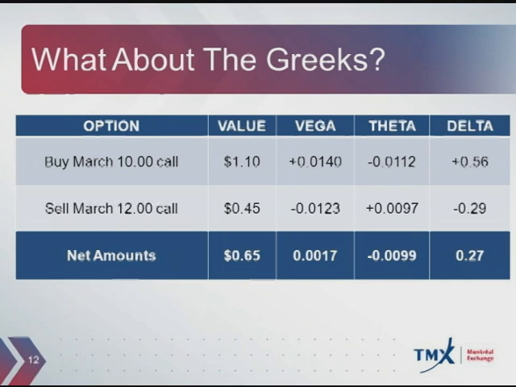But for the short call, if the stock goes up $1, that short call is going to go up 29 cents. Well, you're short that call option, so that becomes a negative impact on the position. So your net delta is significantly reduced because you've created this spread. If the stock goes up $1, instead of your option contract appreciating a little bit more attractively, it's only going to appreciate in value by its net delta.